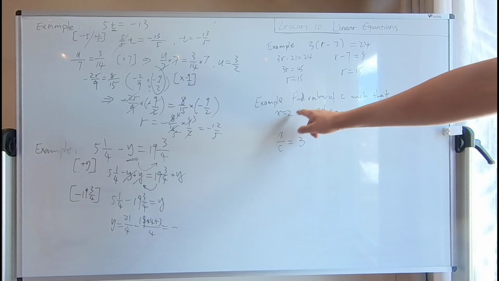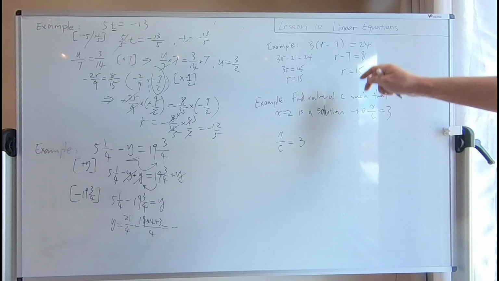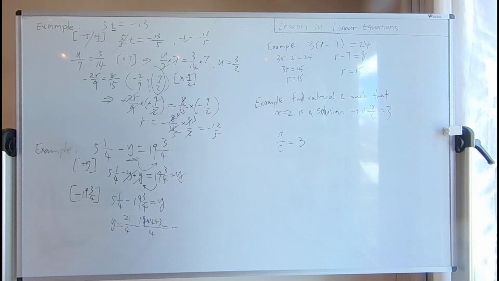But by reading the question, we know that there's a known condition that x equals 2 is a solution to the equation. So what does that mean? If I know a value is a solution to this equation, that means if I plug this value back into the equation, the equal sign is still true.